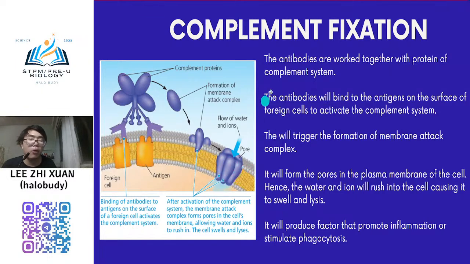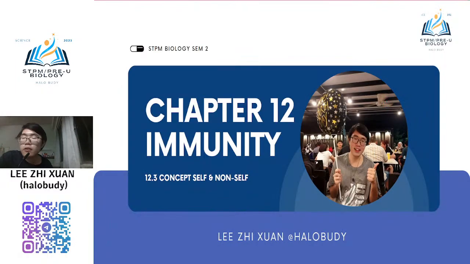Since there is a pore, all the water molecules and ions outside the cell will rush into the cell, so that the cell becomes highly hypotonic, and it will die. Okay, so this is about complement fixation. That's all about the antigen-antibody interaction.